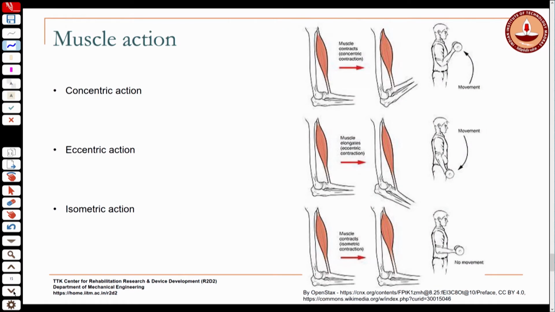So, there are three types of muscle action that are possible. You have what is concentric action, where the muscle actually shortens.